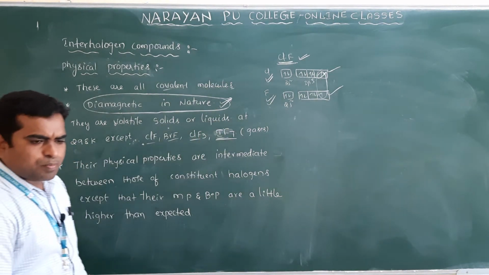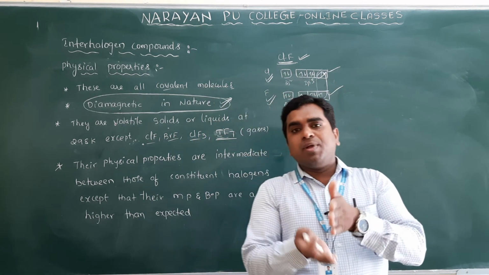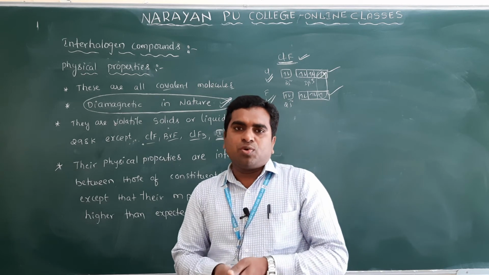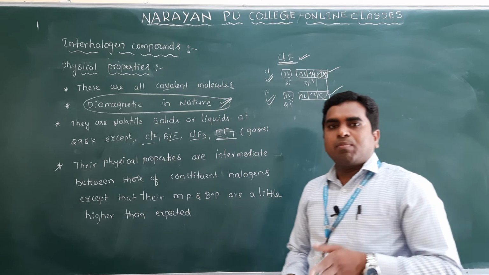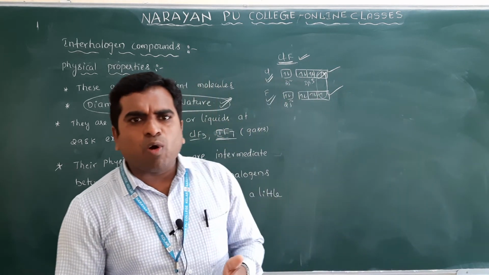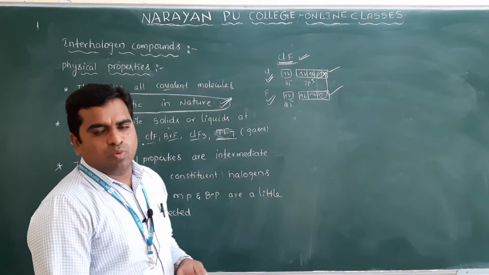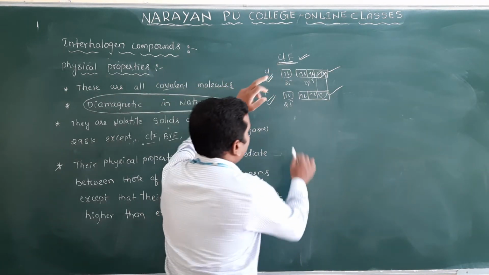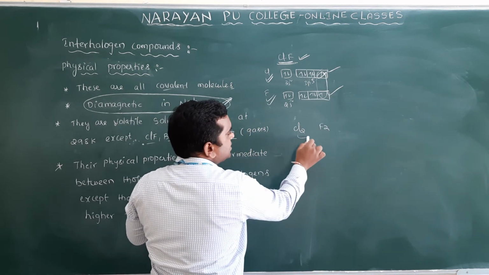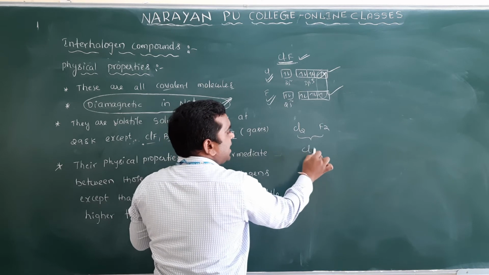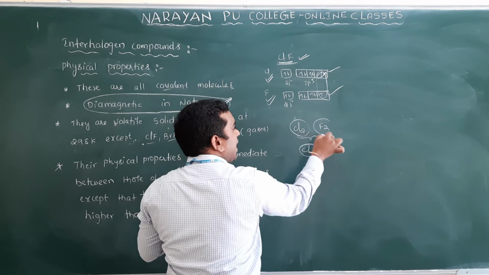If you see the physical properties, the physical properties of interhalogen compounds are intermediate between their constituent halogens. Clear? Except if you take melting and boiling points. So melting and boiling points are a little bit higher than those of the halogens. Why? If I take chlorine and fluorine, ClF will have a little higher boiling point than chlorine and fluorine.